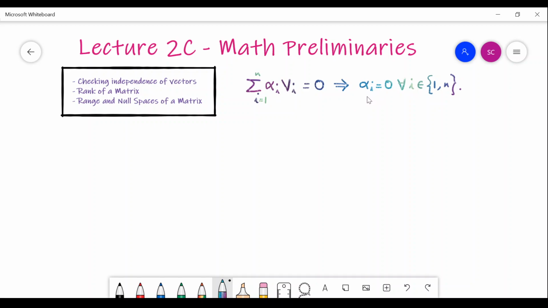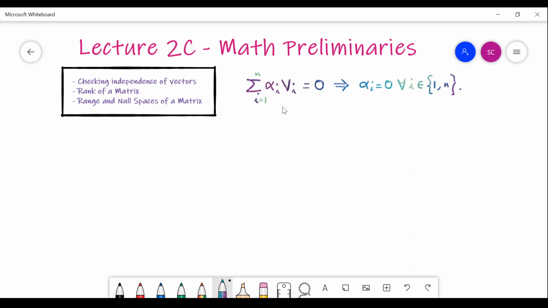No other alpha should satisfy this equation. So that is what we should check.